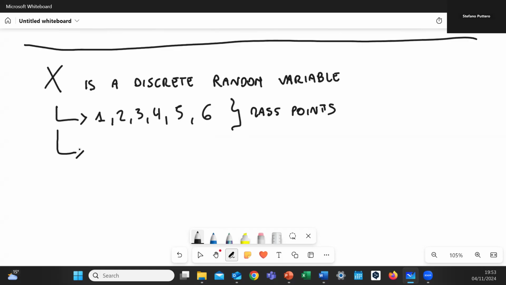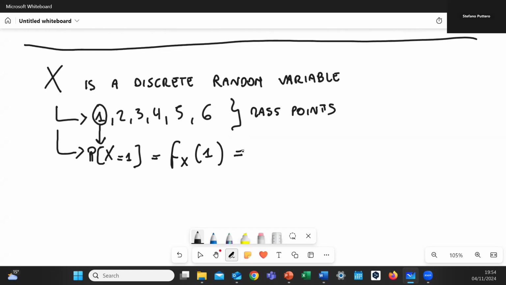For instance, for 1, we have to calculate the probability that x is equal to 1. But the probability that x is equal to 1, we can also write as fx of what? Of 1.